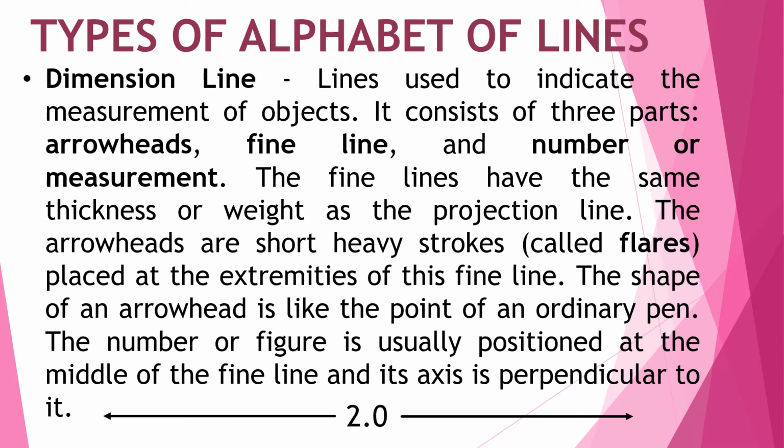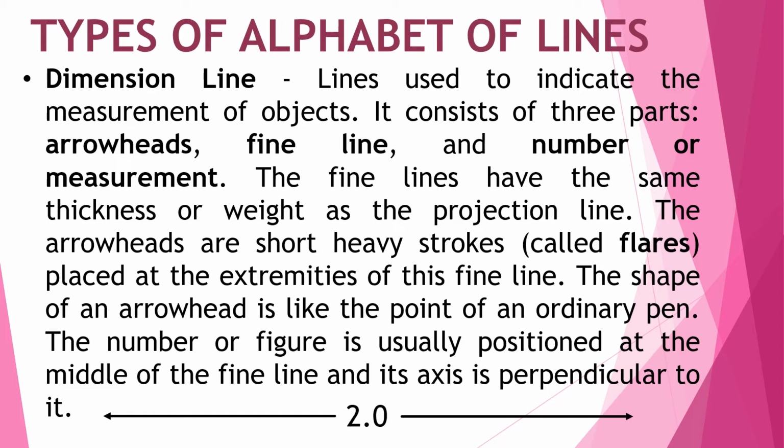Next alphabet of line is the dimension line. Lines used to indicate the measurement of objects. It consists of 3 parts: arrowheads, fine line, and number or measurement. The fine lines have the same thickness or weight as the projection line.